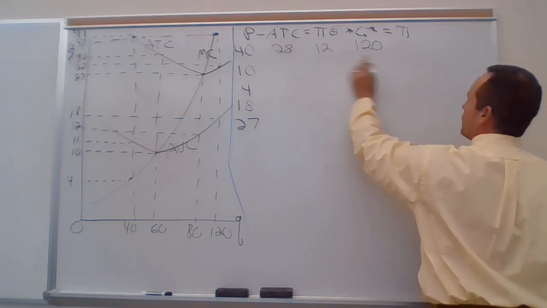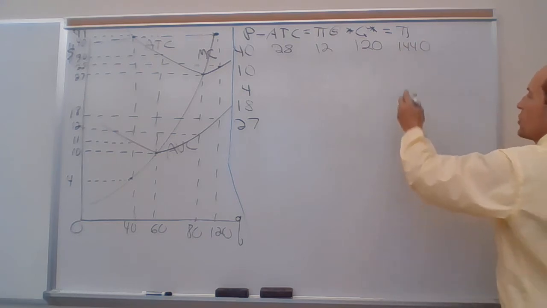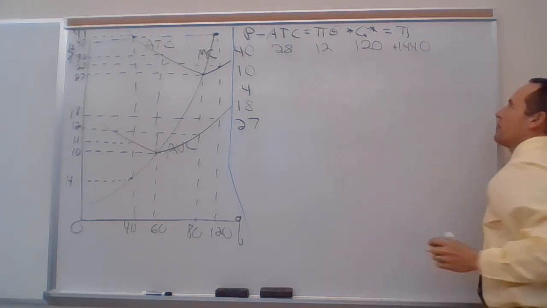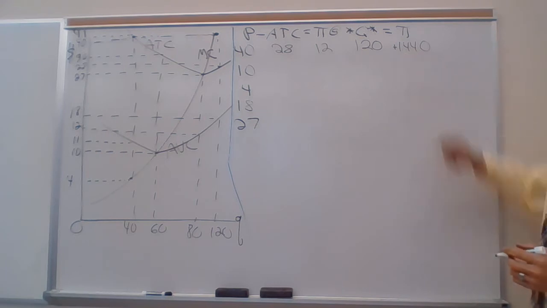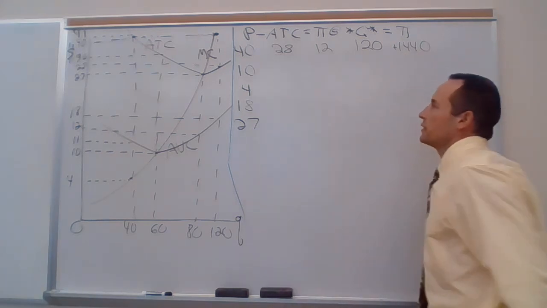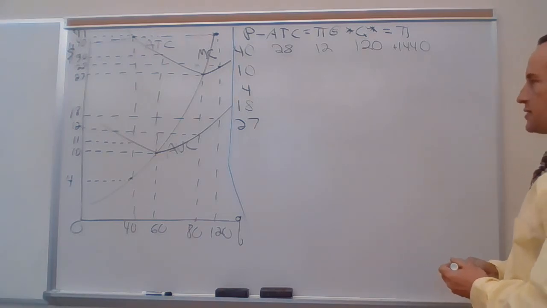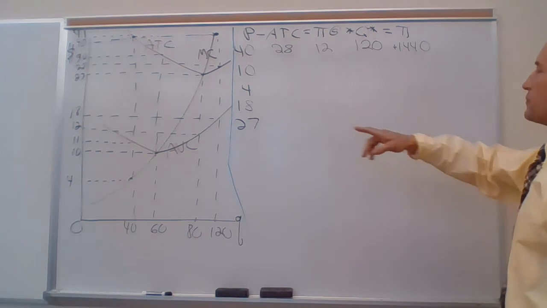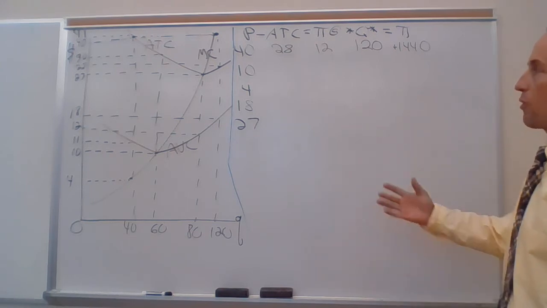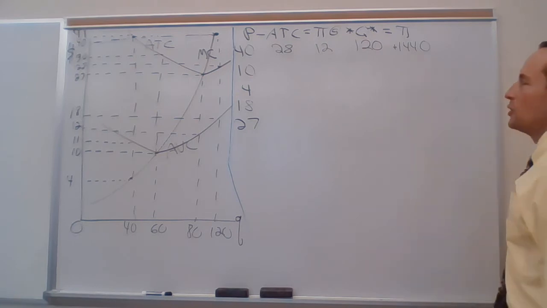So I know 12 times 12 is 144. Add the 0. So we will have a profit of $1,440 if the price prevails at $40 a unit. That is a profitable period. That is a profitable time to be a manufacturer of this product, whatever it is. Such profits, though, will lure in competitors, and those competitors will drive down price.